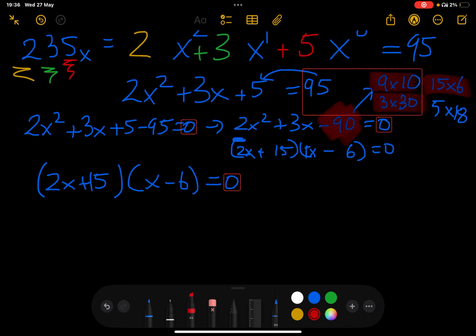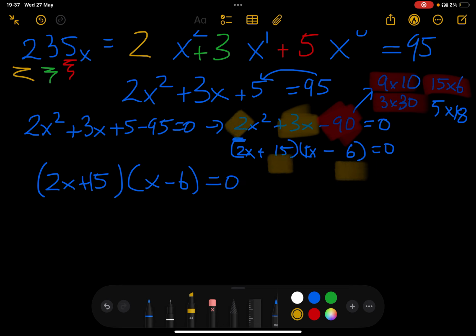And we want to get an answer of 3x between the pluses and minuses. 15 and 6 is the closest because we also have it multiplied by 2 at the front. So we use 15 and 6 and then multiply the 6 by 2 to get 12. And oh, sorry, this is a 1x. Let me just write it better. Okay, so here is our equation, 2x plus 15 times x minus 6 equals 0.